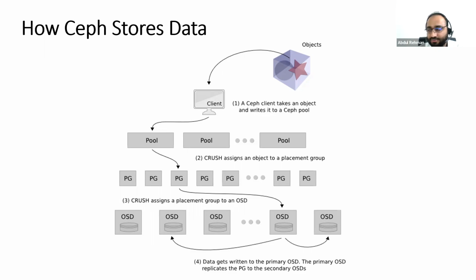If you see in the diagram, let's say we have 5 OSDs. If we create 3 pools, all these 3 pools will be writing on these 5 OSDs randomly based on the CRUSH algorithm calculation. But we can set some policies on each pool, and we will see how we can manage pools separately.